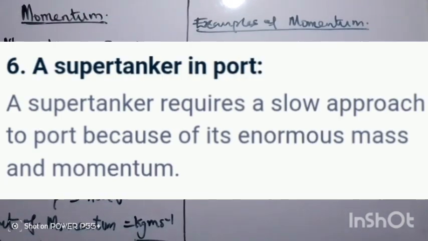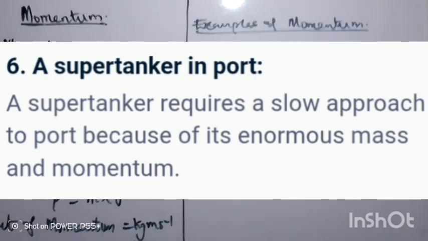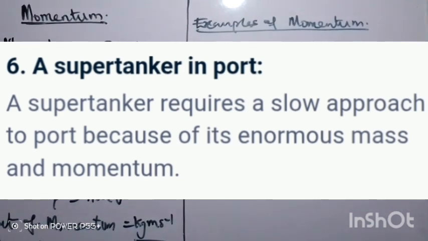Number six example, a super tanker in port. That is, a super tanker will require a slow approach to the port because of its enormous mass and its great momentum.